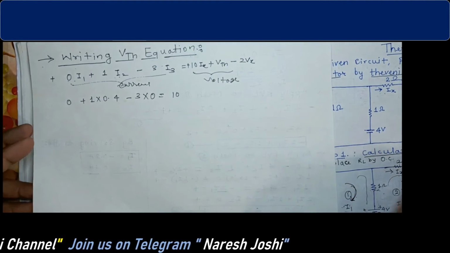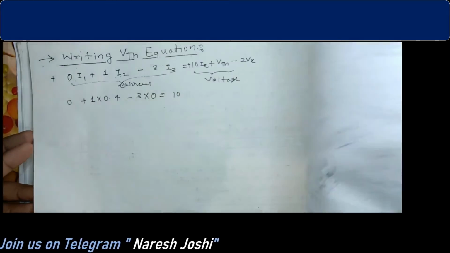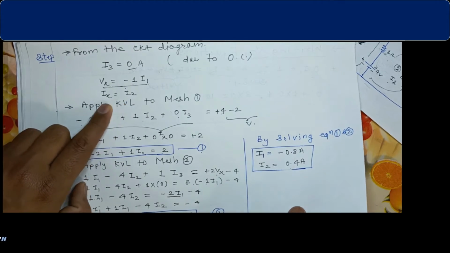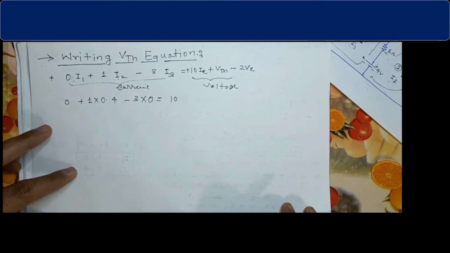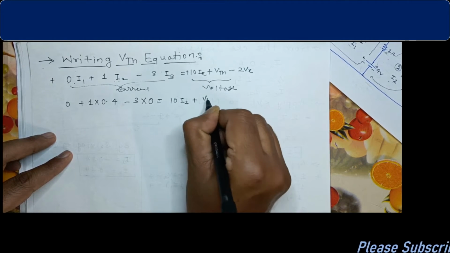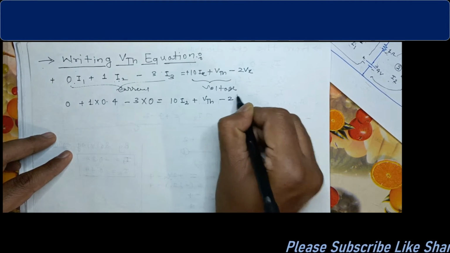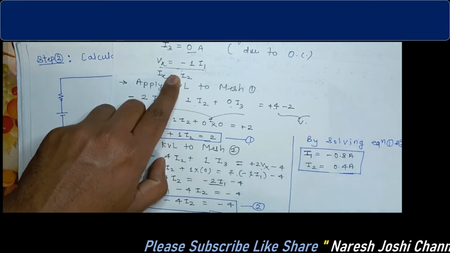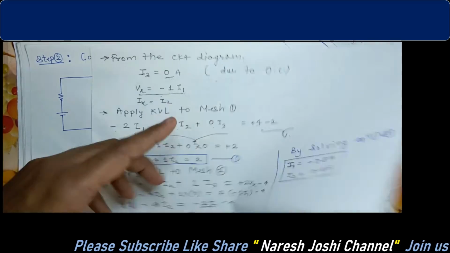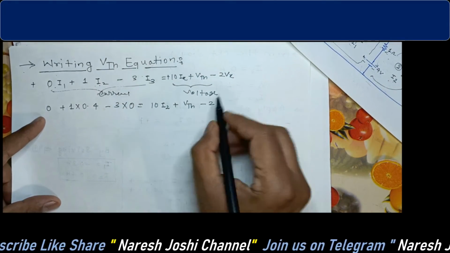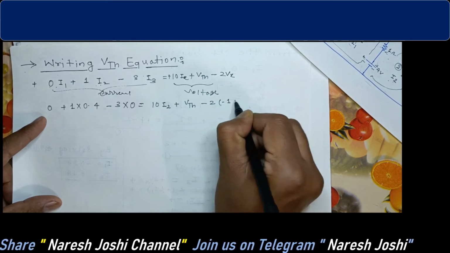From the circuit diagram, Ix equals I2. So I will write here 10 I2, then plus VTH, then minus 2 Vx, and Vx equals minus 1 I1. So I will write minus 1 I1.